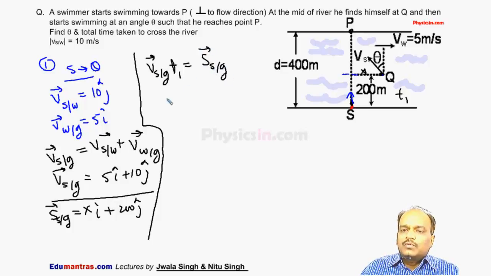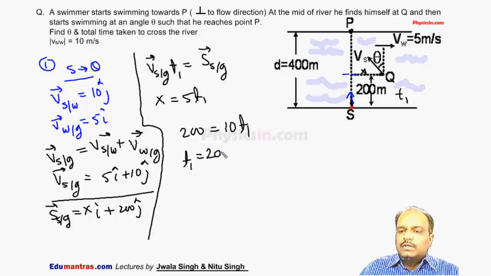From these two we can say x is equal to 5 into t1, and 200 is equal to 10 into t1. So from here we get t1 is equal to 20 seconds. So the swimmer takes only 20 seconds to reach from S to Q, and in these 20 seconds x comes out to be 100 meter. 20 into 5 is 100 meter.